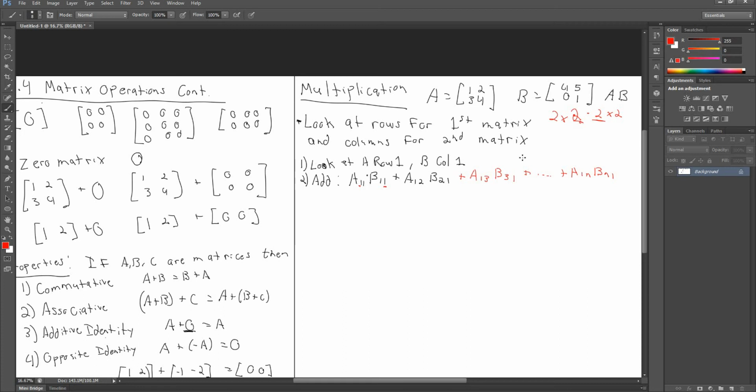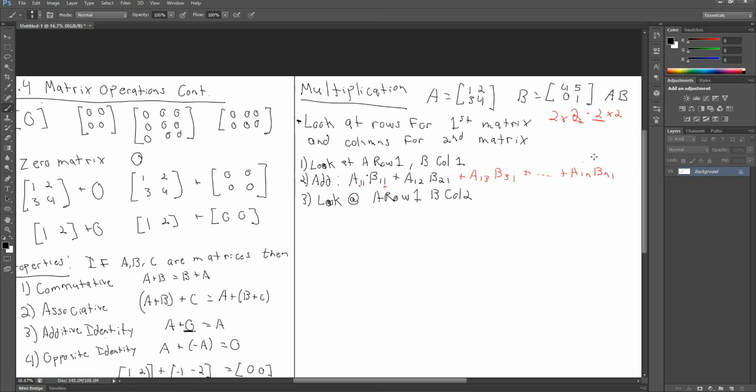From here, once we finish all that, we then look at A row 1, B column 2.